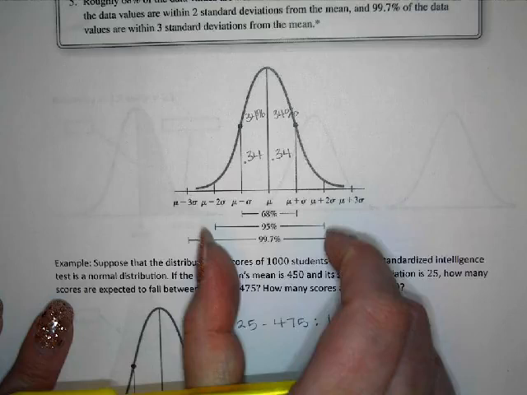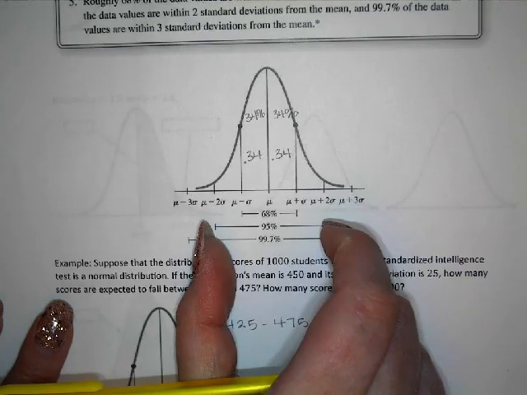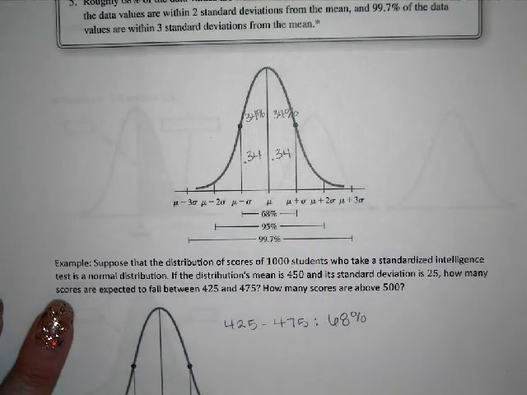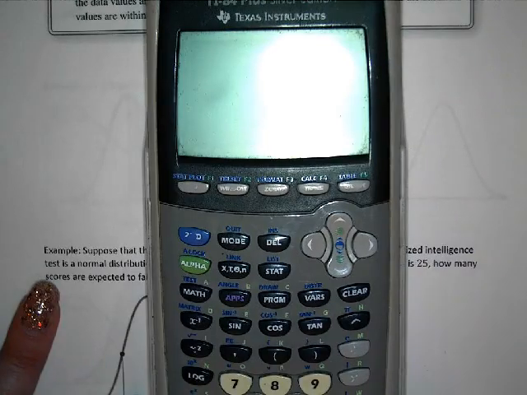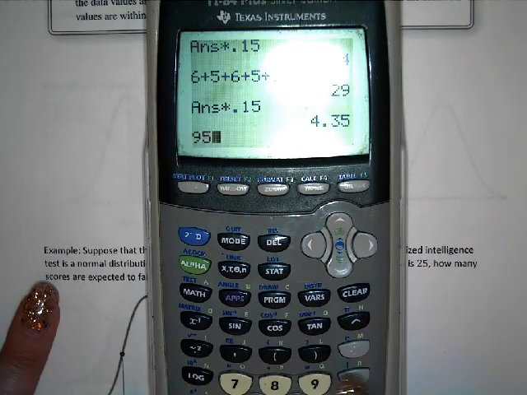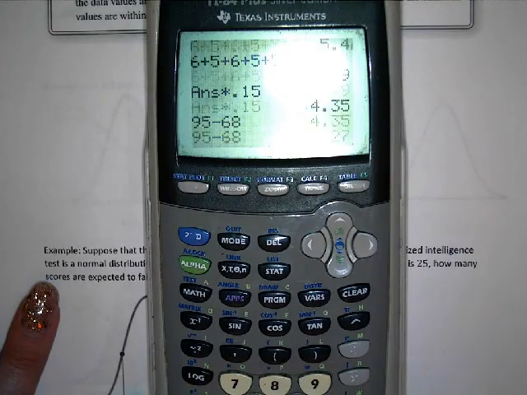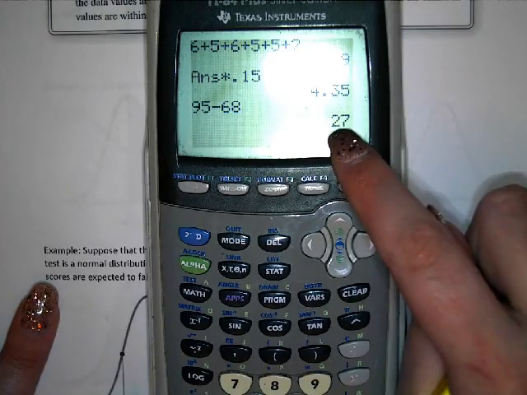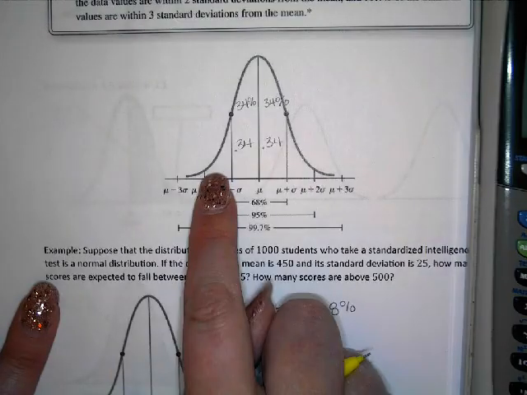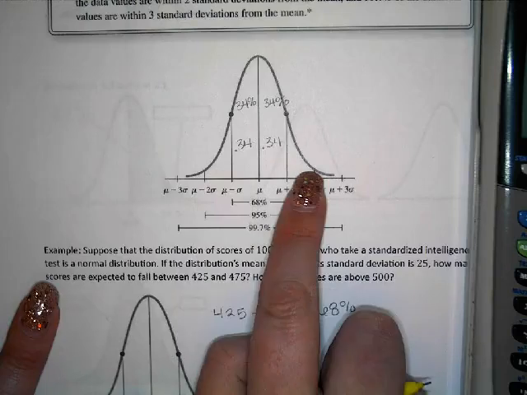Then if 2 standard deviations is 95%, I would take 95% and subtract that 68%, and that gives me 27% that I can split between right here and right here.